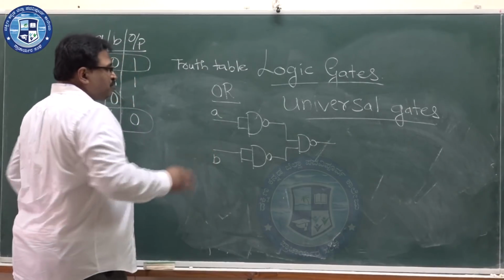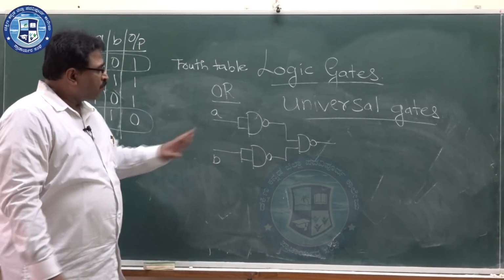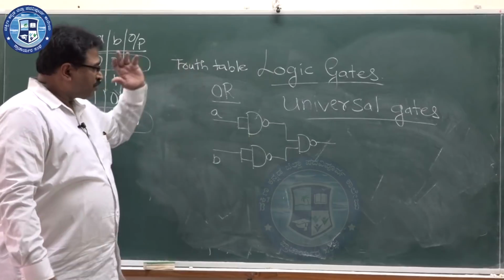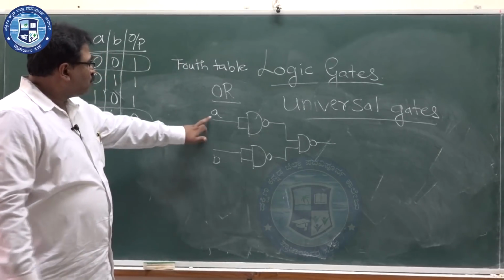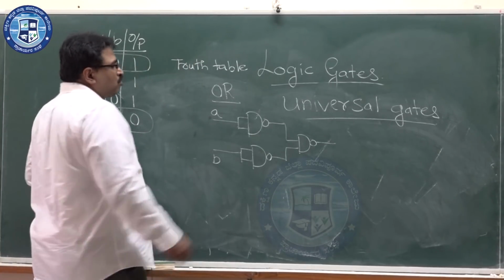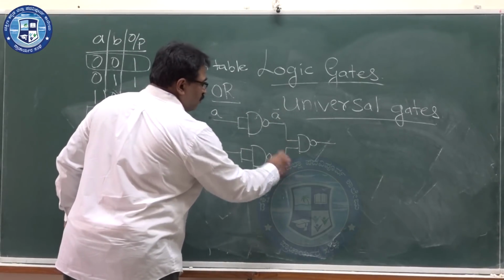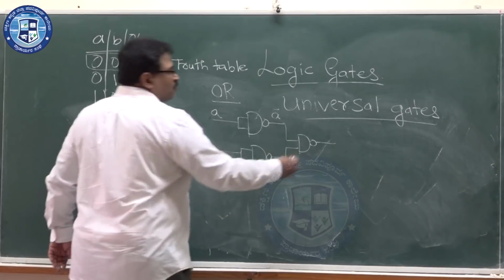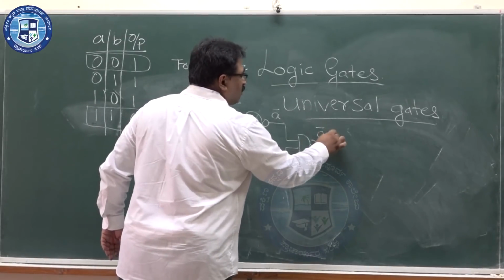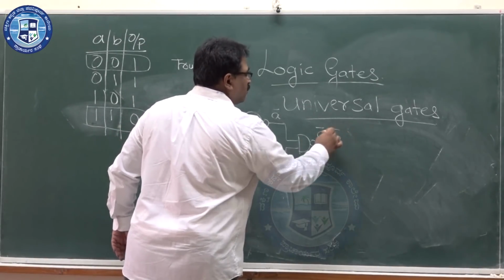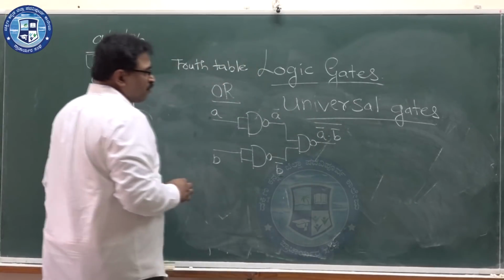Now this is a circuit where I can make this circuit to work like an OR gate. Let us see. So you have A, so the output will be A bar, B bar. So this will be A bar dot B bar, the whole bar.